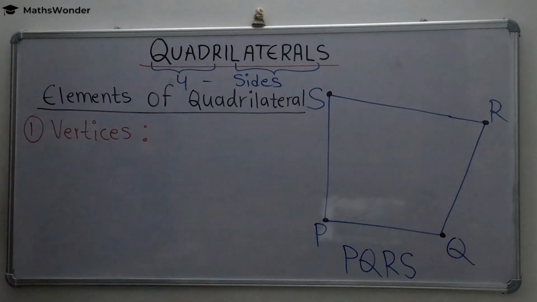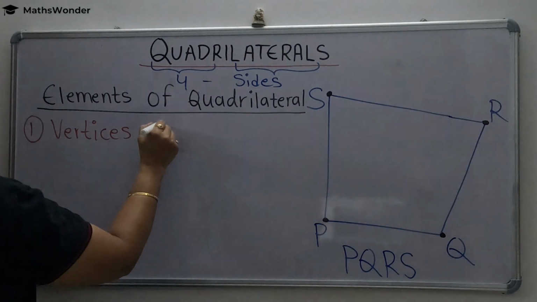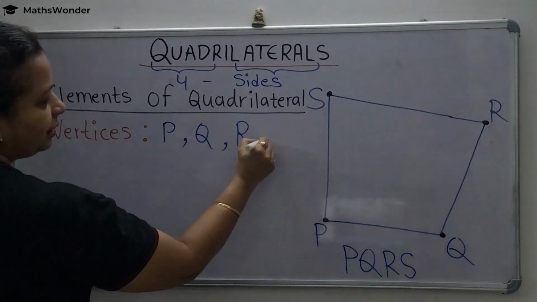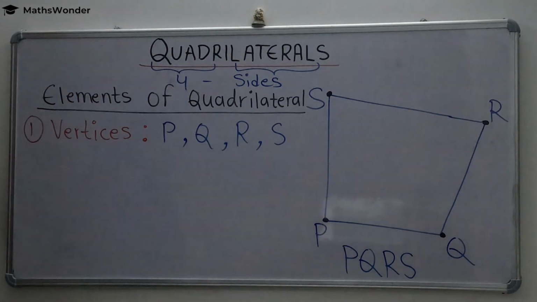How many vertices in this figure? 4. Right? There are 4 vertices in a quadrilateral. Points P, Q, R and S are the 4 vertices of quadrilateral PQRS.